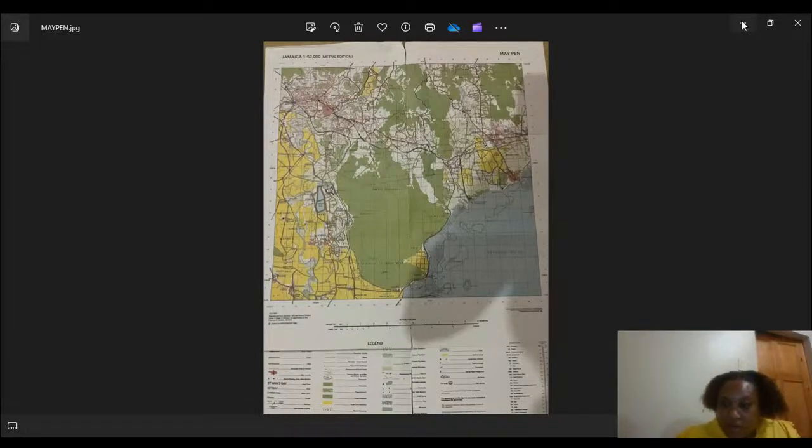Right? The next question: three possible reasons for the dominance of the type of cultivation found in the southwestern area of the map.